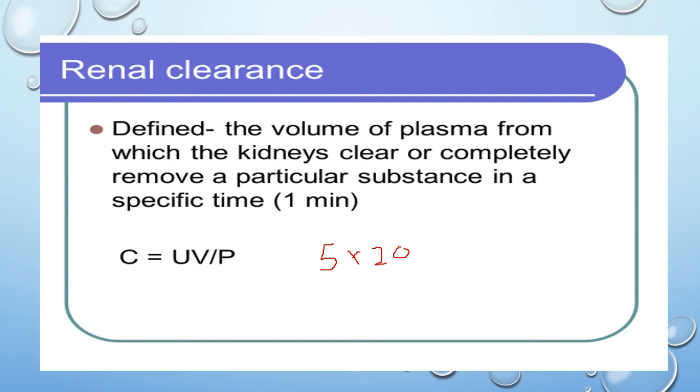So therefore, U times V equals 100, right? And let's say that P is 50. Then your C would equal 2. So then your renal clearance is 2. Okay? So it's not a difficult formula. Just make sure you understand what each thing means.